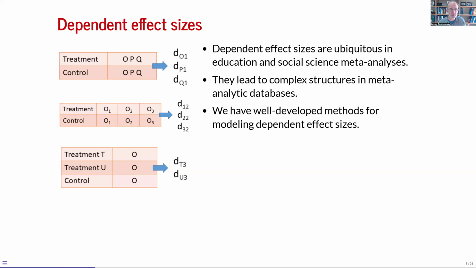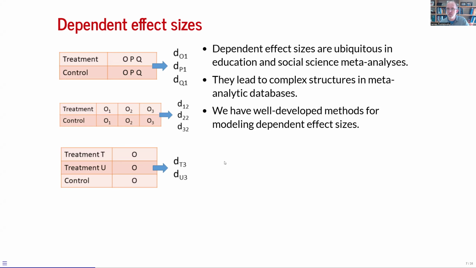So dependent effect sizes occur, say, in intervention studies where you've got a treatment-control contrast, but there's more than one measure of the outcome that fits your construct criterion, or where you've got a measure of the outcome at multiple points in time, or where there's more than one intervention condition compared to a common control condition.